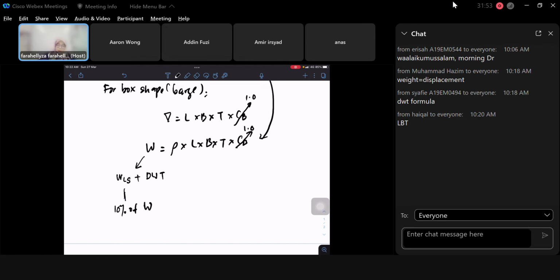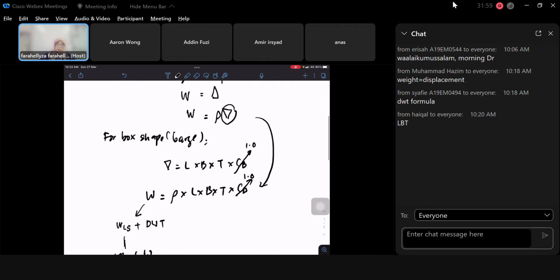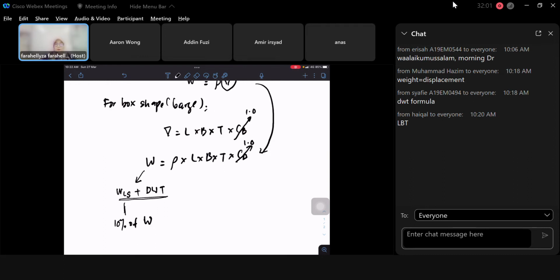Because W here is made up of light ship plus DWT. Of course, this WLS consists of weight of machinery, weight of outfitting, weight of hull and so on. And DWT consists of weight of cargo, weight of fuel, weight of fresh water, weight of provisions, weight of passengers, weight of crews.